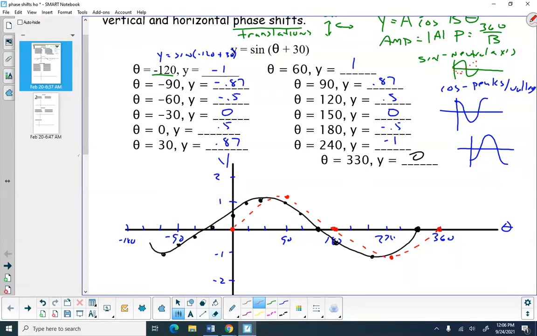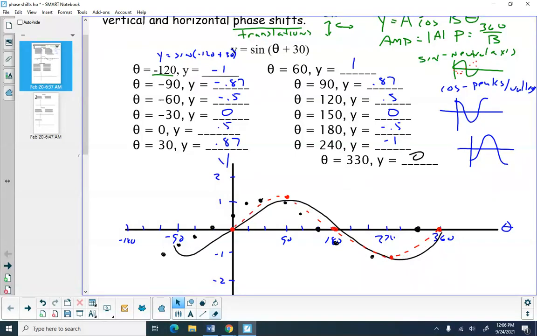Now if we make a comparison to the normal sine curve, what has occurred to our normal sine curve? Well, our normal sine curve was this right here. And all we have done is we've slid it over to the left.